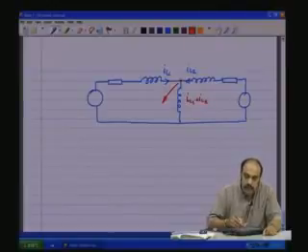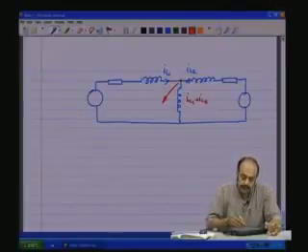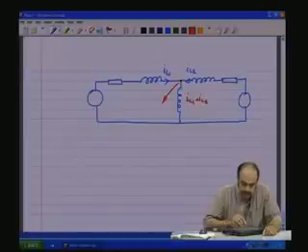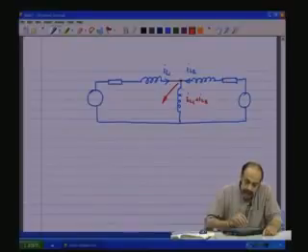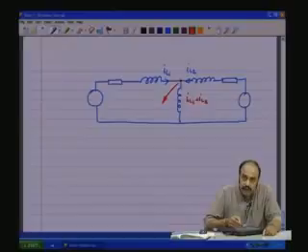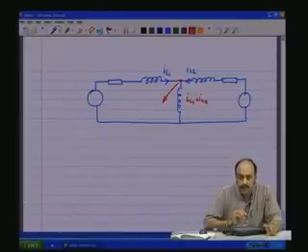There are only two state variables, even though it apparently seems that there are three energy storing elements. Only any two of them here would have the memory. Either you can say IL1 and IL2 are state variables, or IL1 and the current through the middle arm are state variables, the other one being determined by KCL, or it could be IL2 and the middle arm being the state variables and the current through the inductor L1 being determined by KCL.